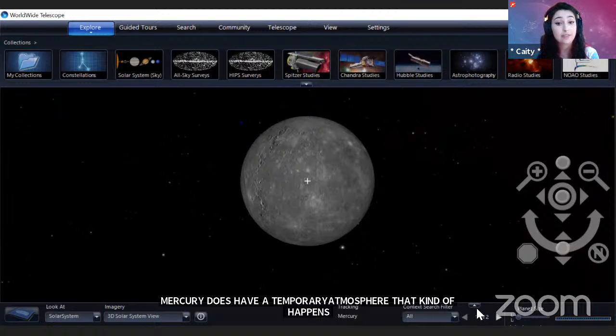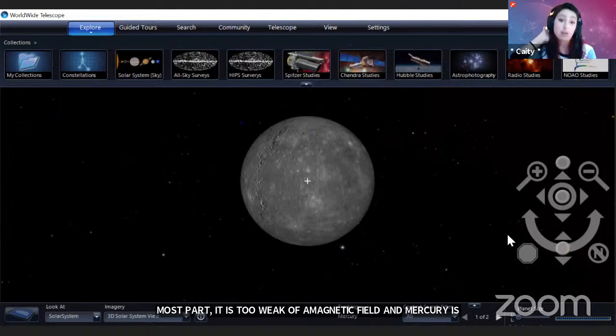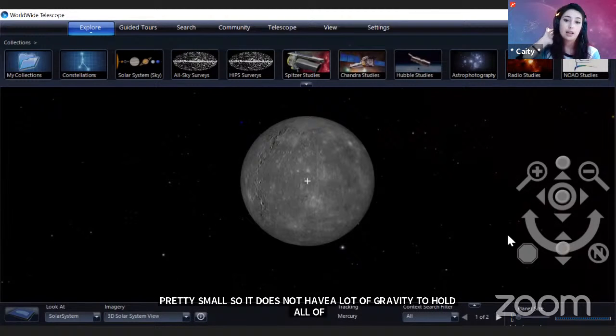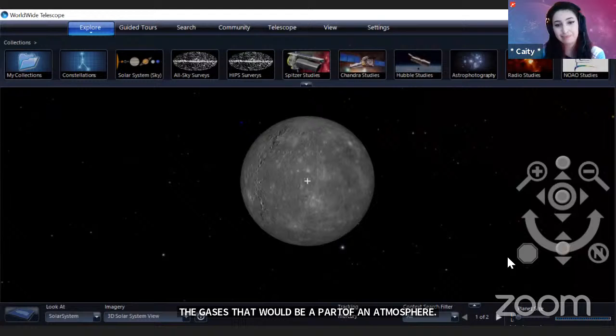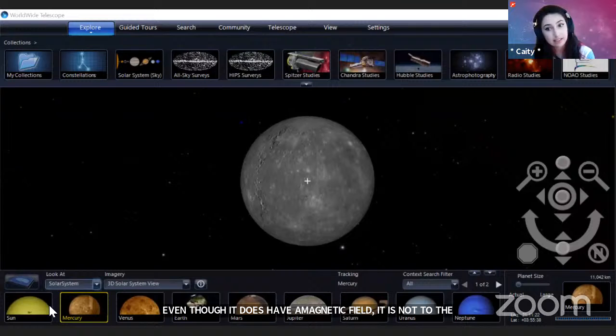And also Mercury's pretty small, so it doesn't have a lot of gravity to hold all of the gases that would be a part of an atmosphere. So even though it does have a magnetic field, it's not to the extent that the Earth does. So that's a little bit about Mercury, but now let's head to Venus.